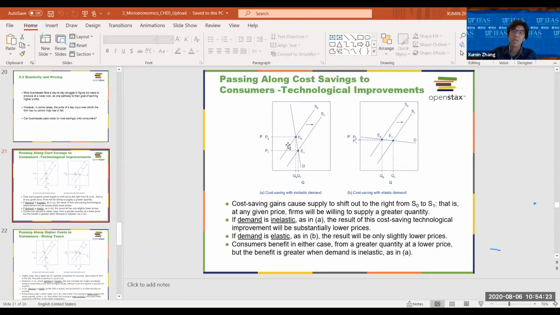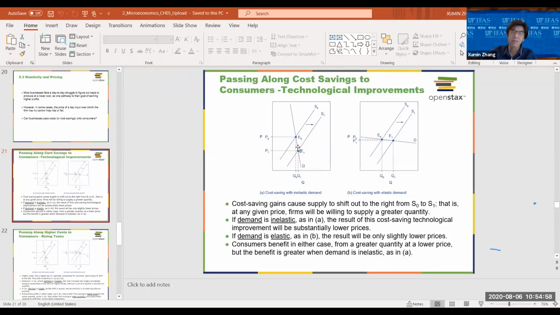Simply speaking, the change of price is much greater than the change of quantity. But this demand curve is comparatively elastic. Why? The same idea: the change of quantity is much greater than the change of price, because we use the ratio of the percentages. So those two can be compared. Otherwise, if we use absolute values, it's not comparable from market to market. Okay, so this is why we use elasticity.